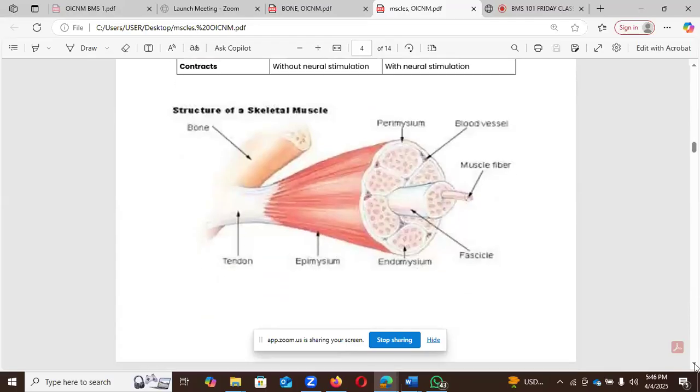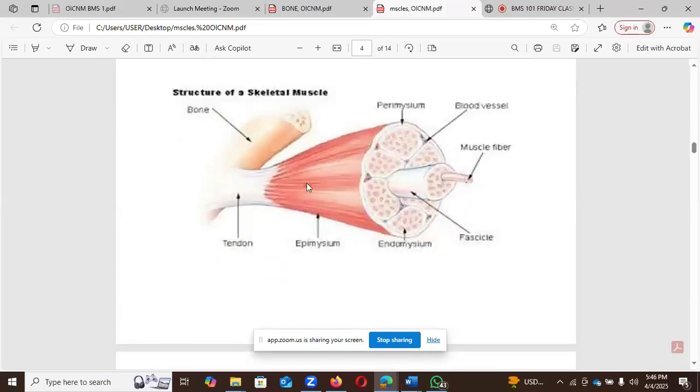Now look at skeletal muscle. Look at how skeletal muscle looks. This is the bone. This muscle is attached to this bone with the aid of tendon. The outer layer is called epimysium.